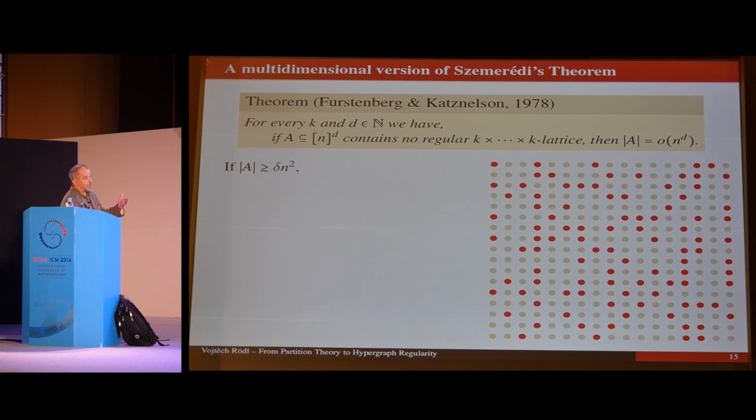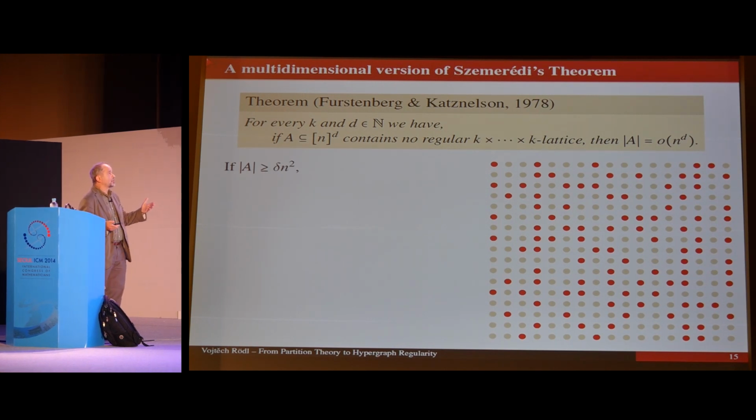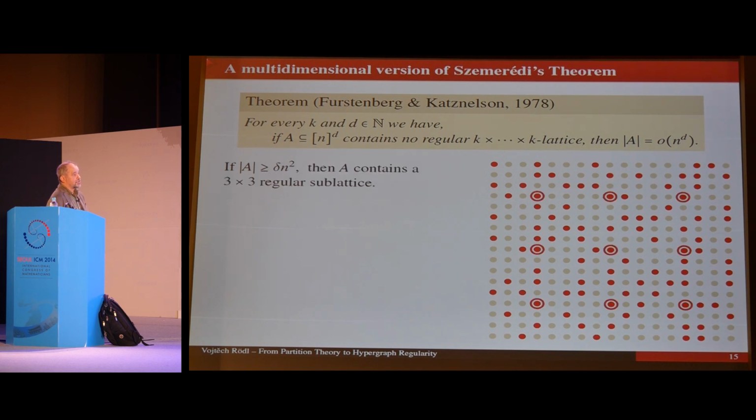So here is the statement for d equal to 2 in contrapositive. Here I have a subset A of the 2-dimensional lattice. It's dense, and you see the theorem is true. We found a 3 by 3 regular sublattice.